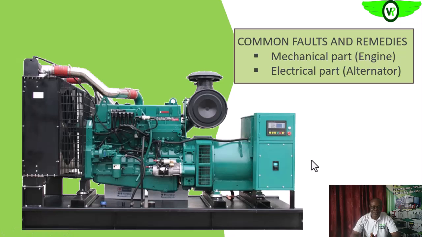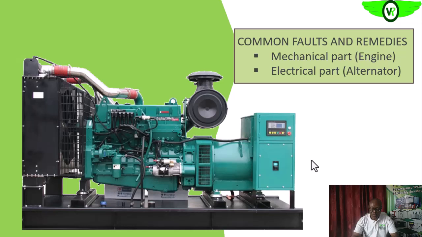Are we getting it? So the engine provides rotating mechanical energy from the fuel. Always remember this. Then the alternator or the electrical part provides the electrical energy from the rotating mechanical energy from the engine.